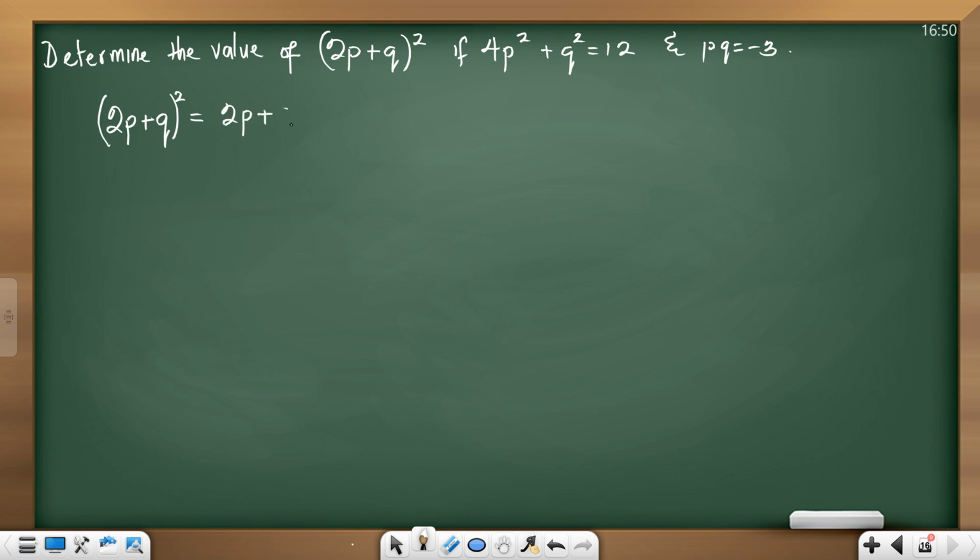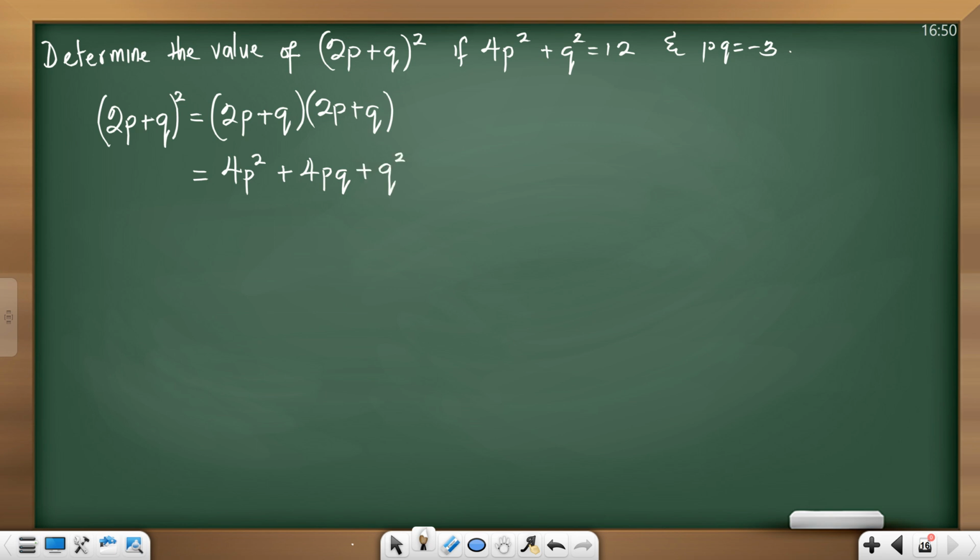This is the same thing as saying 2p plus q times 2p plus q. So if you FOIL this, what are we going to have? 2p times 2p would give us 4p squared. 2pq times 2 would give us 4pq. I hope you understand how I got my 4 there.